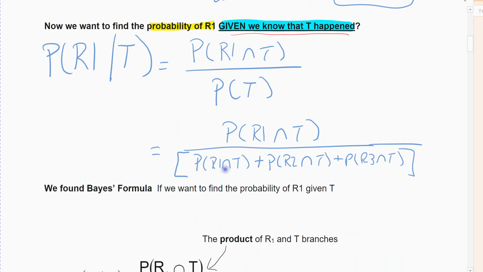Don't be confused, it is in both spots, and it needs to be, because this has to happen. That's one of the ways T can happen. Out of that one way T can happen, what's the probability it does? Well, add up all of the three cases where T can occur. That's the given, all of the ways T can happen. And that's what I divide by, into the case I'm looking for.